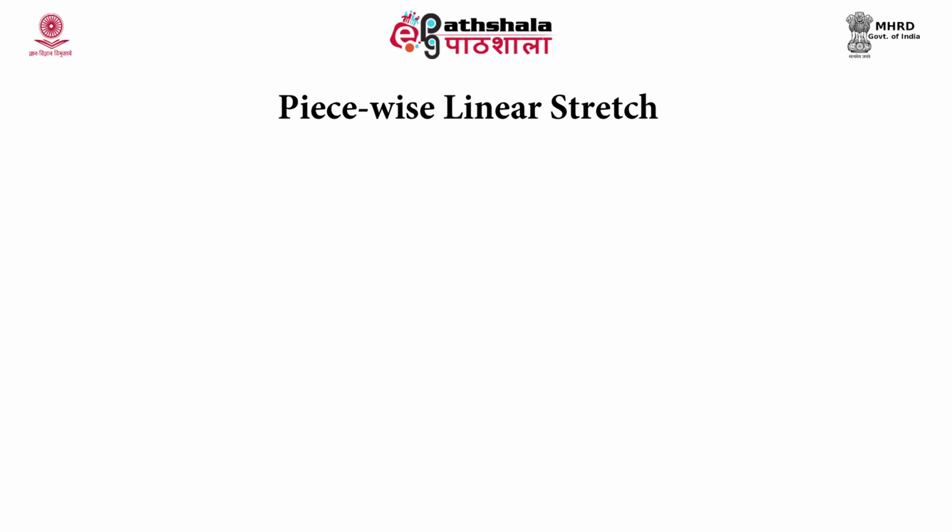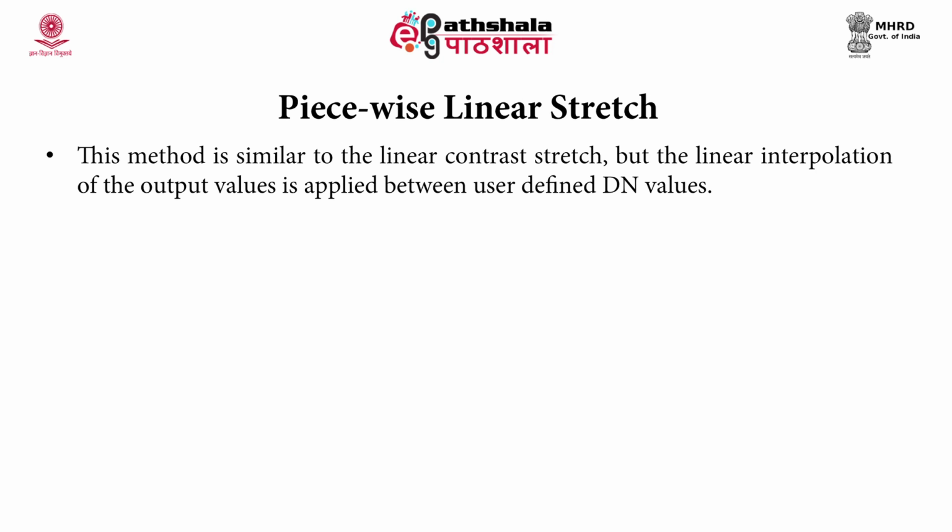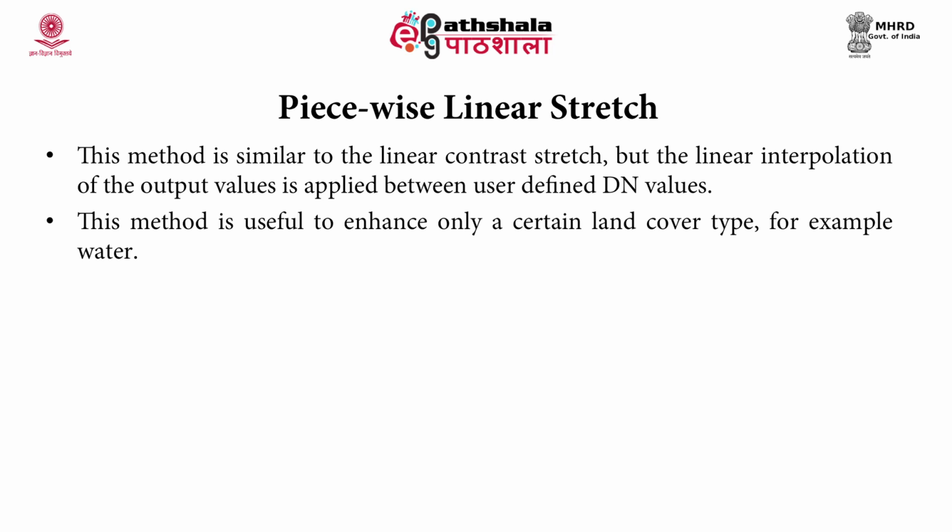The next technique is piecewise linear stretch. This method is similar to the linear contrast stretch, but the linear interpolation of the output values is applied between user defined digital number values. This method is useful to enhance only a certain land cover type, for example water.